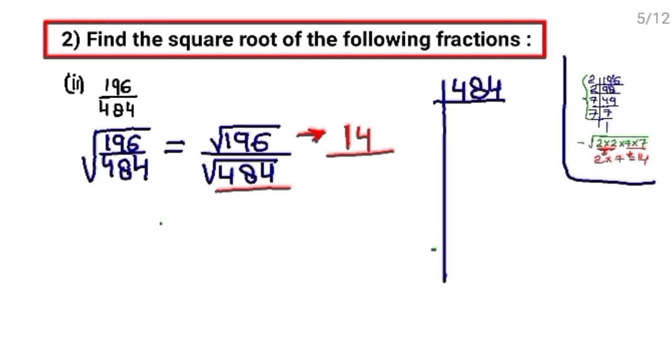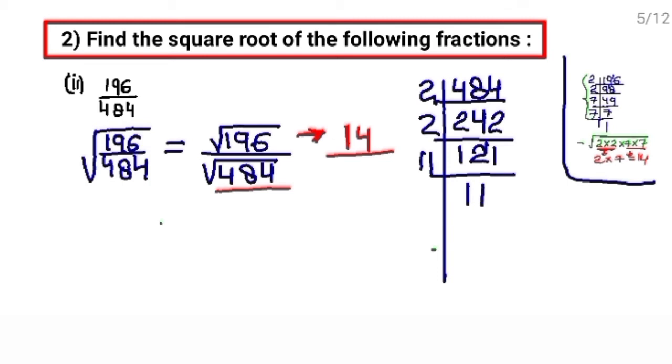The lower part is 484, right? 2 2s are 4, 2 4s are 8, 2 2s are 4, 2 1s are 2, 2 2s are 4, 2 1s are 2. This is not divisible by 3 because 2 plus 1 is 3, plus 1 is 4. Not divisible by 5, not divisible by 7. This is divisible by 11. 11 ones are 11, 1 is remaining, again 11 ones are 11. 11 ones are 11.